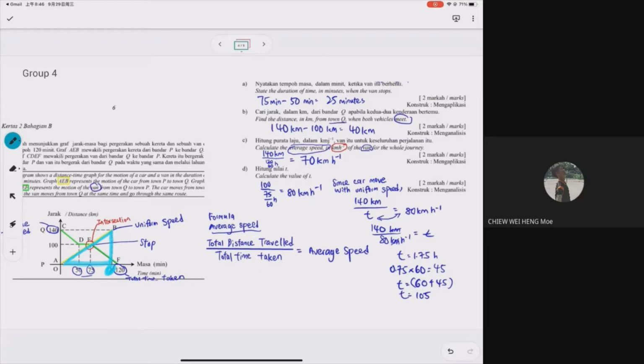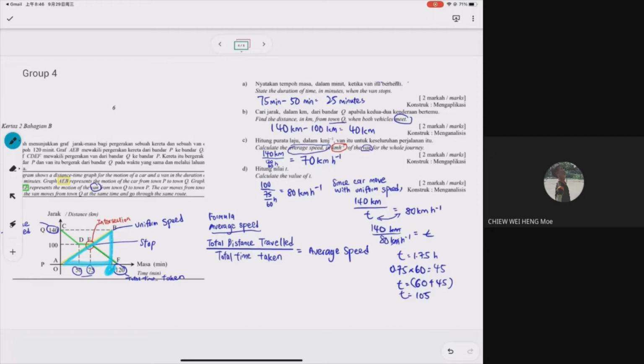So we decided to calculate the value of T based on the average speed formula. First of all, we calculate the average speed of the car from 0 to 75 minutes, and it is 80 km per hour. Since the speed doesn't change, the average speed for the car from 0 to T minutes will also be the same.